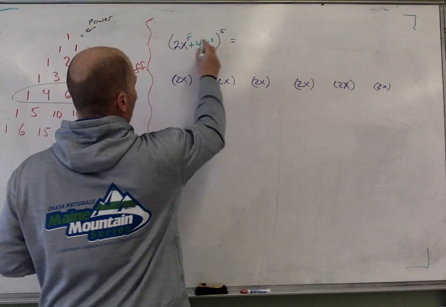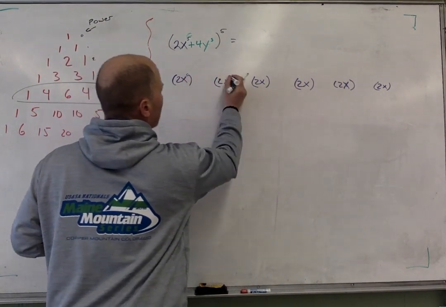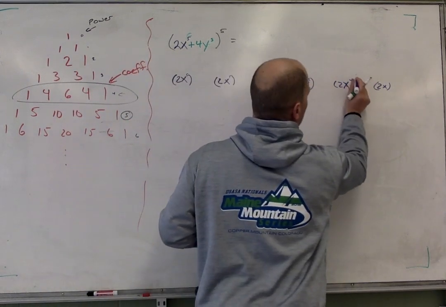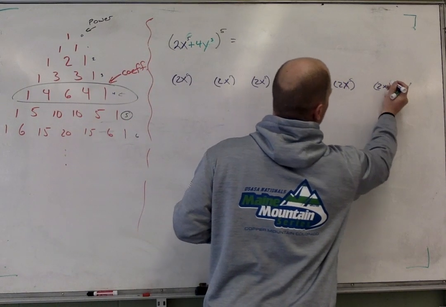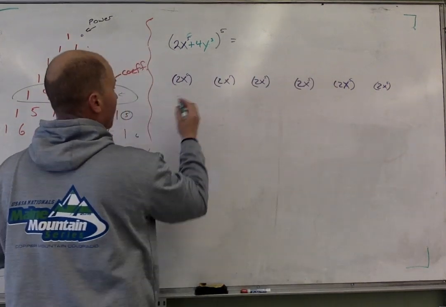And I'm going to write 2x to the fifth. I'm going to put that little 5 in there. Just makes the arithmetic afterwards harder. It doesn't make the process any harder.